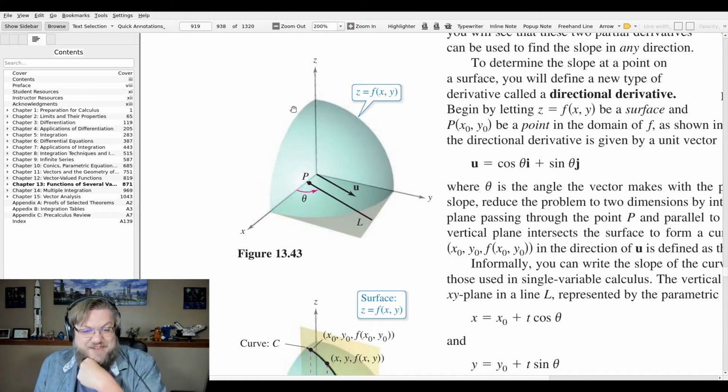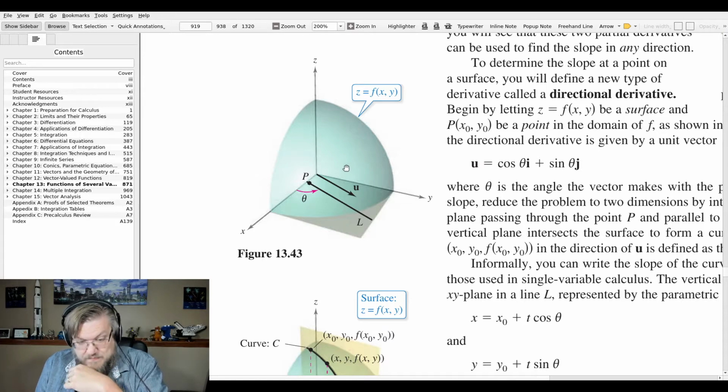So anyway, here we have this surface, and let's say that I'm looking in the direction given to me by a unit vector called u. You're standing on the surface somewhere, looking in that direction. It's not in the x direction or the y direction fully, it's in the u direction.